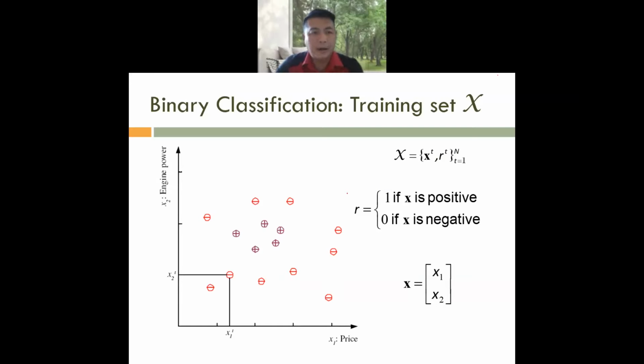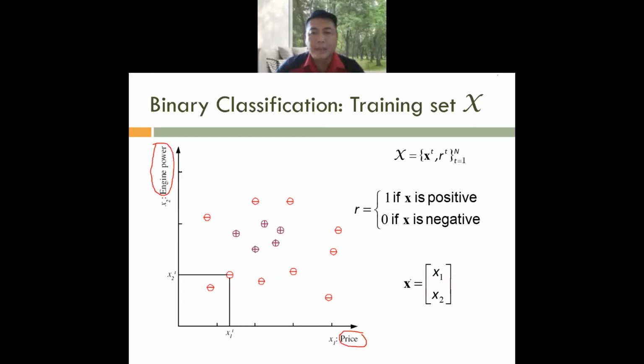In this graph, we have a 2D layout of the samples that we have. Let's suppose we have a training set, and we are trying to learn the class based on the examples that we have here. We have 5 positive and around 10 negative samples. We lay out the position of each sample based on the engine power and also the price.